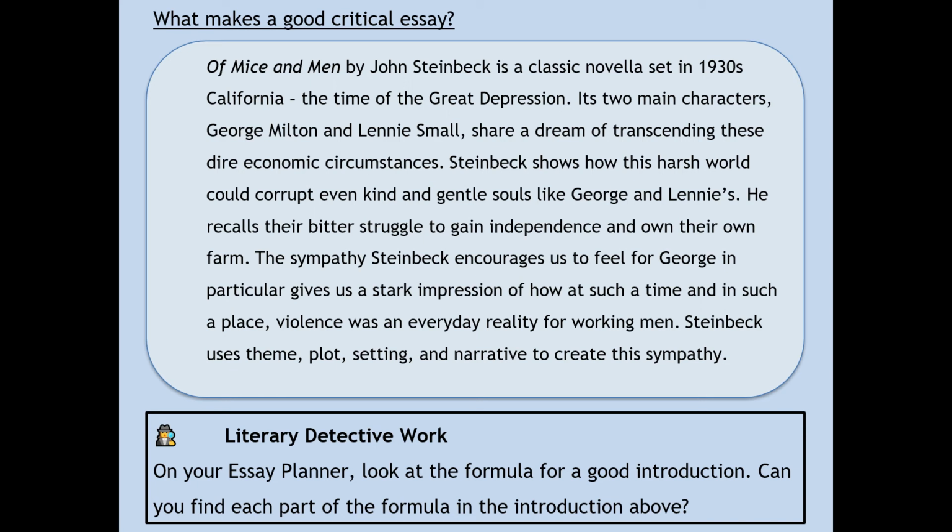He recalls their bitter struggle to gain independence and own their own farm. The sympathy Steinbeck encourages us to feel for George in particular gives us a stark impression of how at such a time and in such a place, violence was an everyday reality for working men. Steinbeck uses theme, plot, setting, and narrative to create this sympathy.